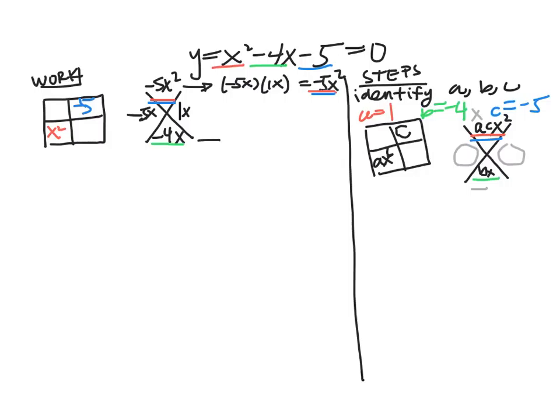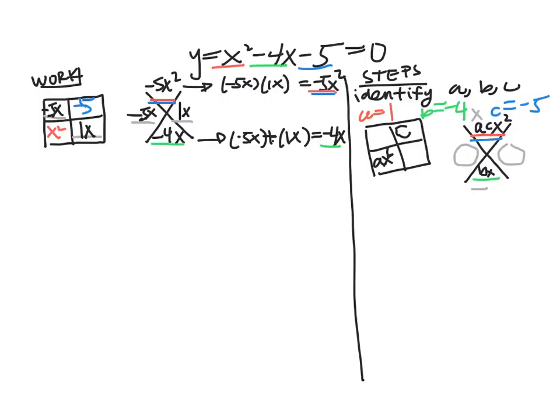And on the bottom, -5x plus 1x equals -4x, which is what we wanted. So really we're just playing around with numbers. Then you plug them in here; it doesn't matter where, but I'll put -5x up here and 1x over here.